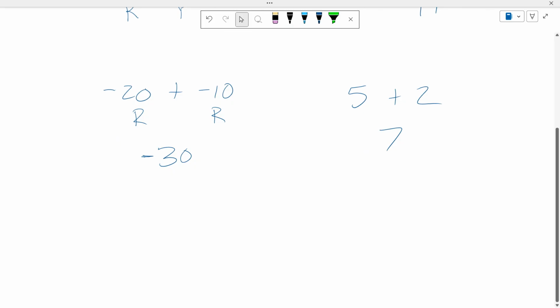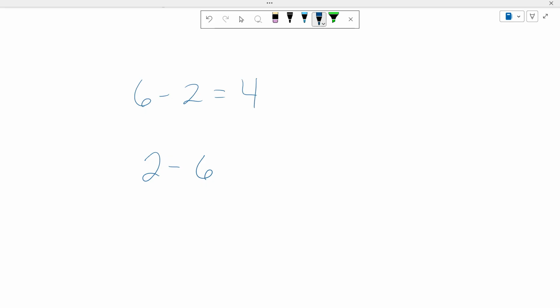Now let's look at subtraction. When we do subtraction, 6 minus 2, you can just do in your head. What's 6 minus 2? 4. But when we have 2 minus 6, it doesn't give you a positive number.